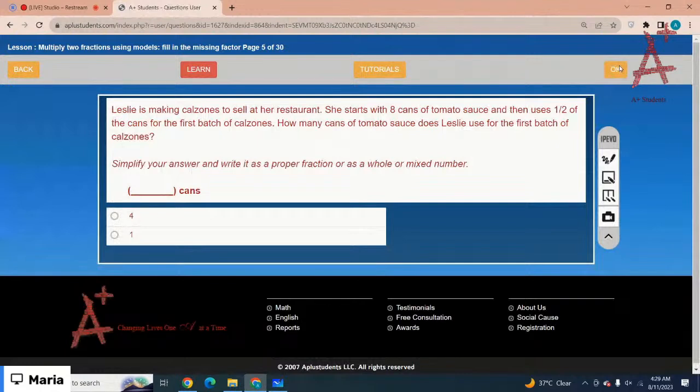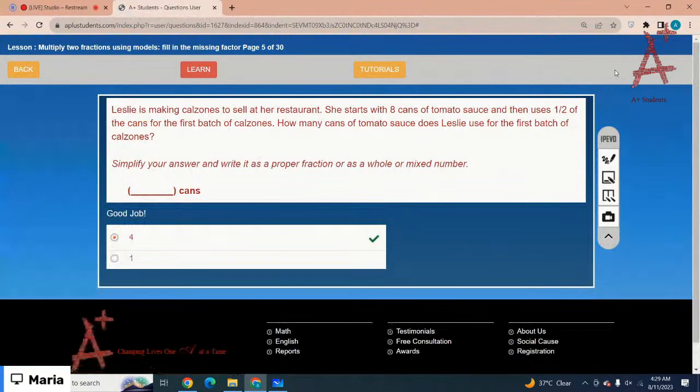That means in the first batch, you have to use 4 cans of tomato sauce, right? So the correct option is 4. Very good.